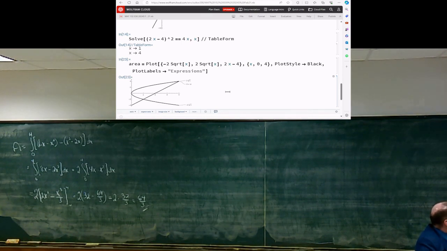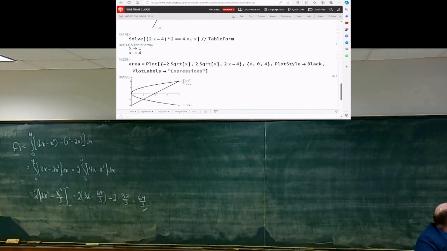So from 0 to 1, what is your larger function? 0 to 1 would be 2 radical x. What is your lower function? Negative 2 radical x. Now go 1 to 4.